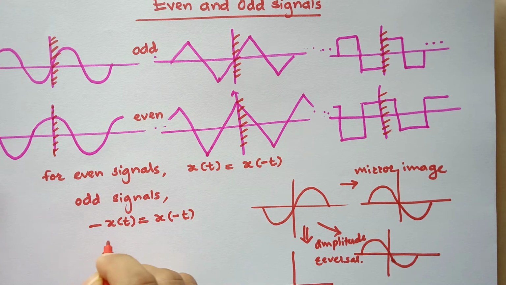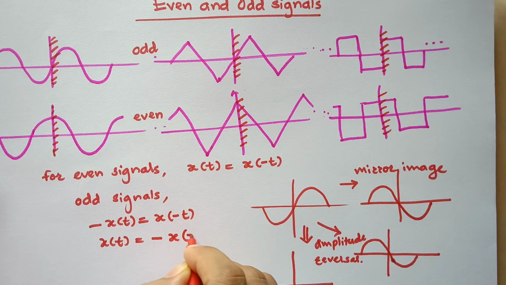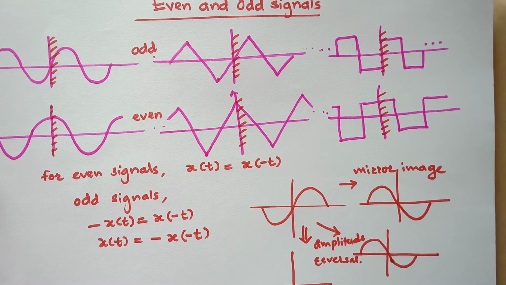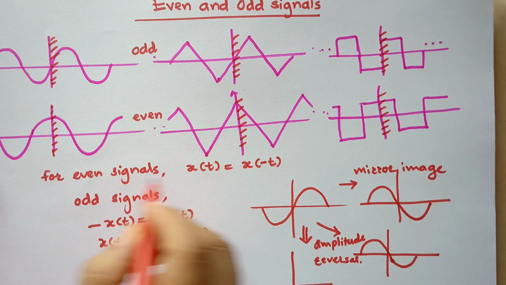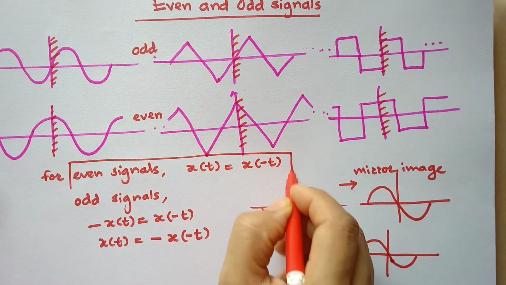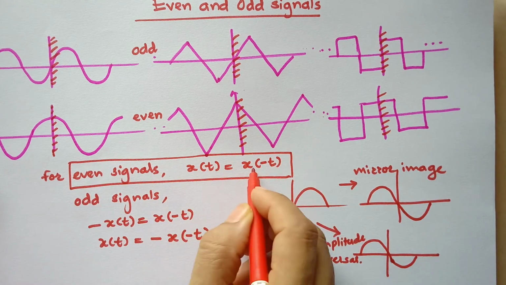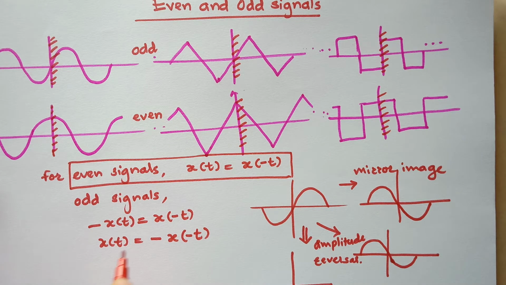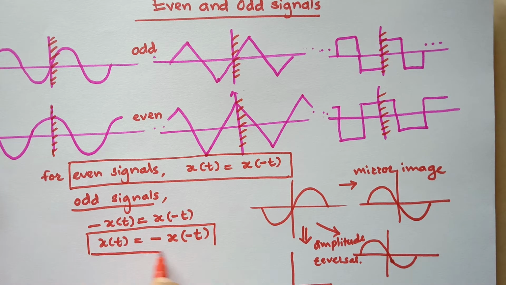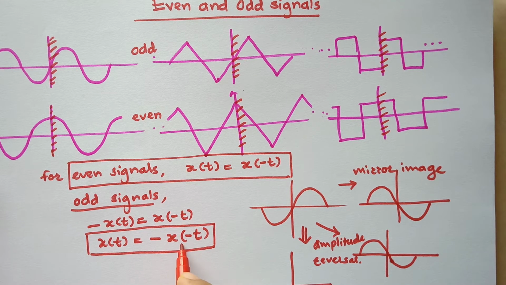So we can say x of t is equal to minus x of minus t. Okay, so these are the statements. For an even signal, x of t is equal to x of minus t, and for odd signals, x of t is equal to minus of x of minus t.